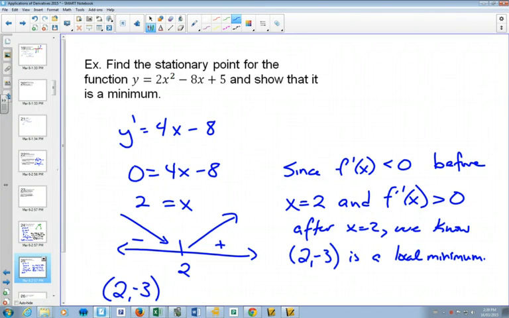And again, since it's a parabola, we know it's an absolute minimum in this case.